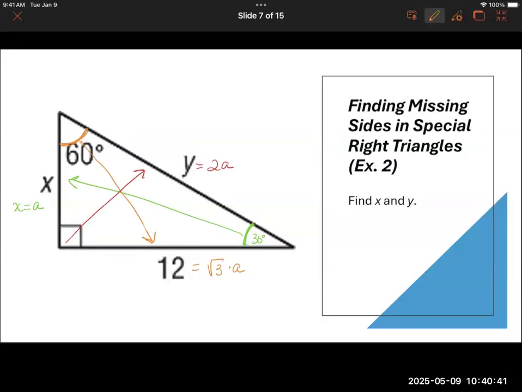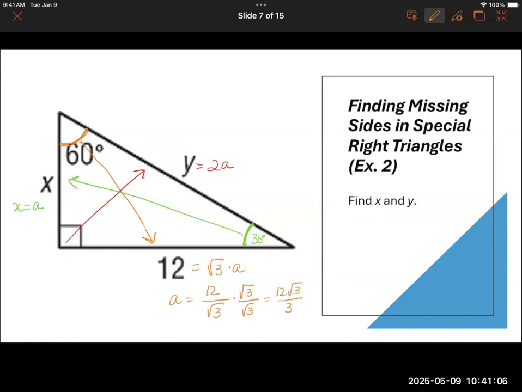We can divide both sides by square root of 3. And then here I probably would want to do a little bit of simplifying and rationalizing just to see what we get. So I would end up with a 12 root 3 over 3.